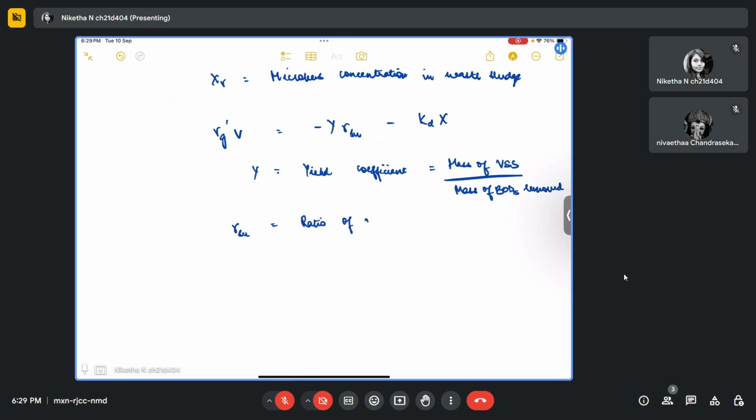And RSU is the ratio of the mass of cells that is grown to the substrate utilized.